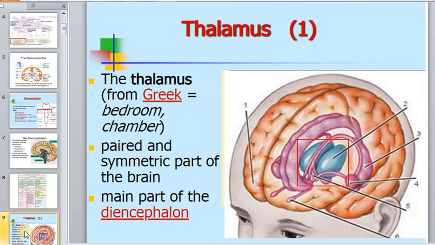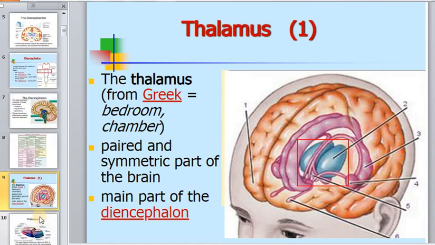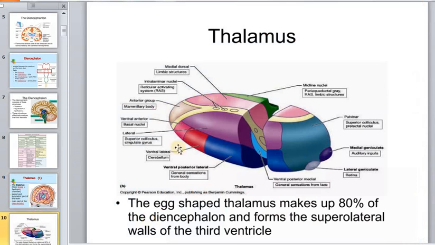And here we see a new slide. It's the thalamus, or inner chamber, a very symmetric part of the brain, the main part of the diencephalon, blue colored, like an X-shaped part of the brain. And here we see a lot of different nuclei of the thalamus.